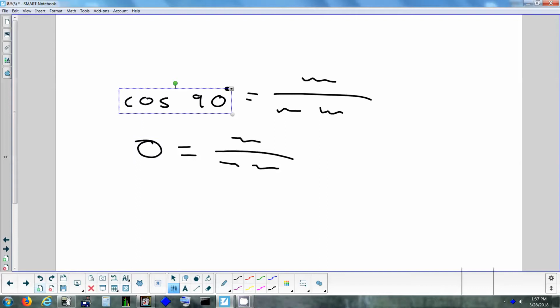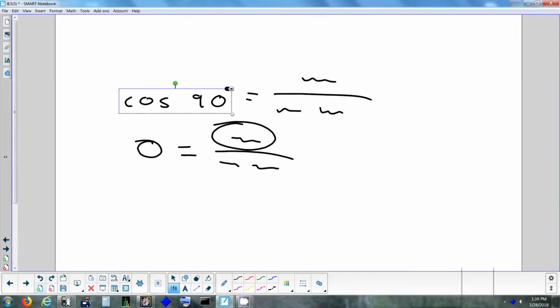Right. The only way a fraction can equal 0 is if the numerator is 0. And what's in the numerator of that fraction? Yeah? The dot product. So if the dot product is 0, that causes the whole fraction to be 0, which means if you have a fraction equal to 0 and you take the inverse cosine of the left side, you would get 90 degrees as the answer. All right.